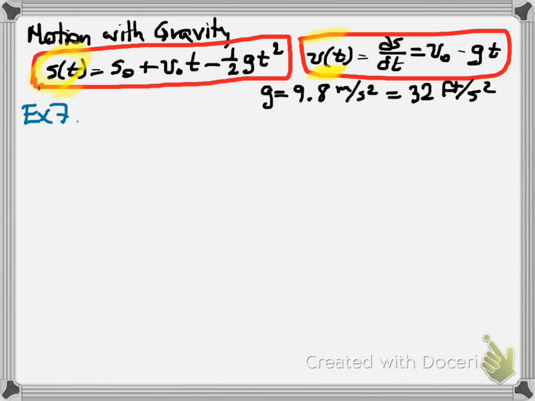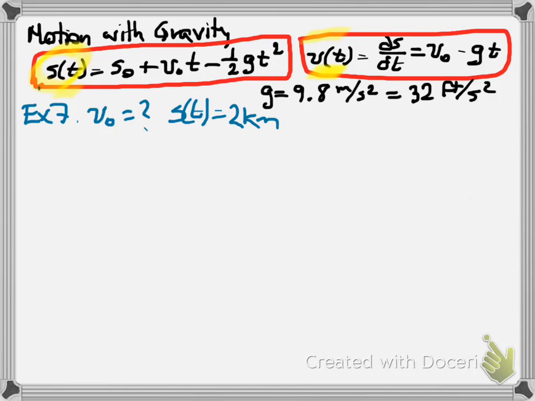In example number 7, what is the initial velocity required for a bullet fired vertically from ground level to reach a maximum height S of t of 2 kilometers?